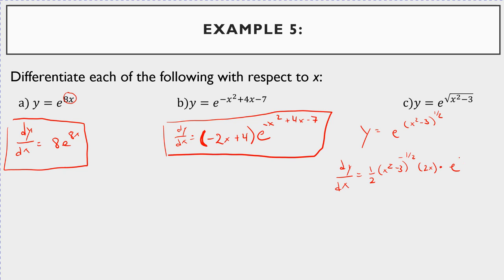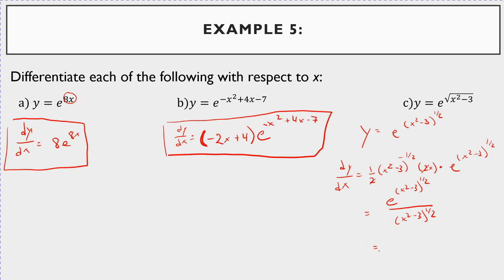Times, and then just e, and you just rewrite this. Now you literally have to clean this up. So the 2's cancel. Bring the negative exponent down. So this is e to the x squared minus 3 to the 1/2 power divided by x squared minus 3 to the 1/2 power.